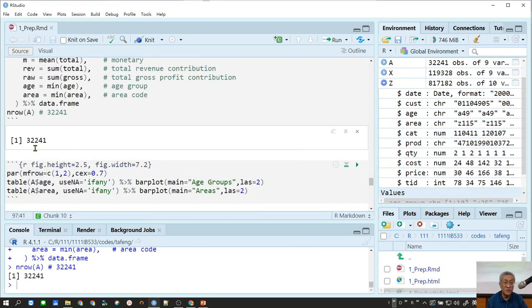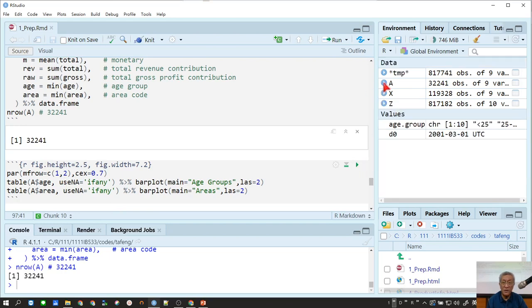Okay, so up to this point in time, we will have 3 data frames. Okay, Z is the original data, 1 record per item, right? And X is the transaction data. So each record represents what?